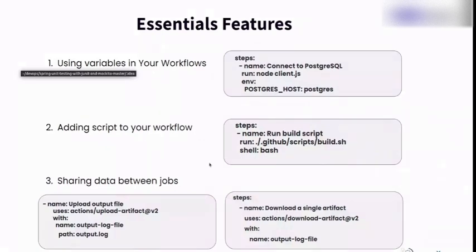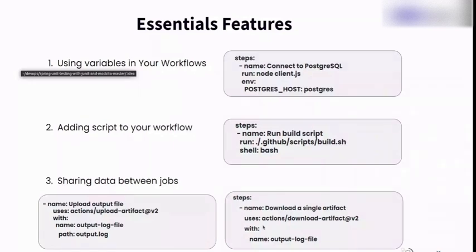Let's suppose I have created a job which is creating the artifact for my application. In the second job, I want to use that artifact. So you can use this download a single artifact action, so that you can actually download this in the second job, whatever job you are going to create.